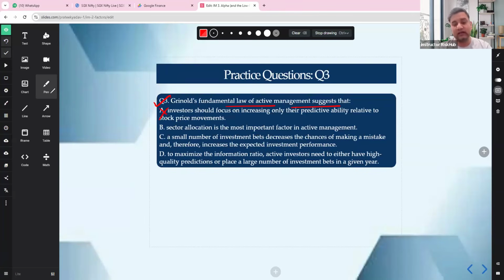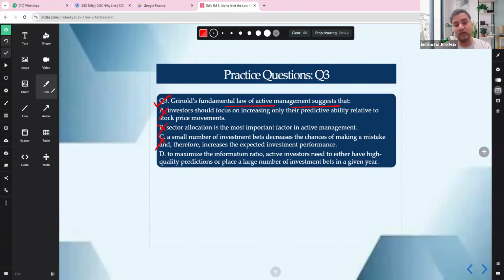Sector allocation is the most important factor in active management, not part of Grinold's law of active management, right? A small number of investment bets decrease the chance of making a mistake and therefore increase the expected investment performance. See, fewer bets improve your performance. It is the very opposite of what we have studied in theory. So this goes away, right?